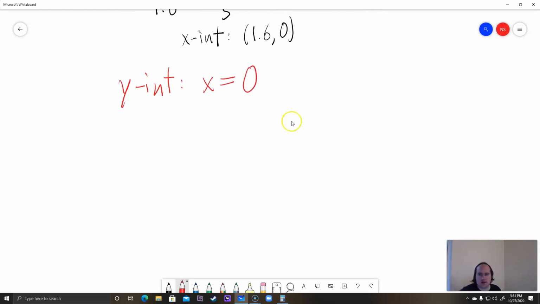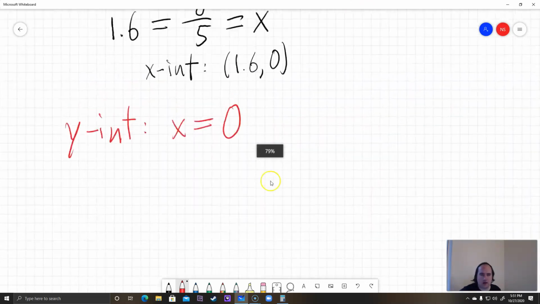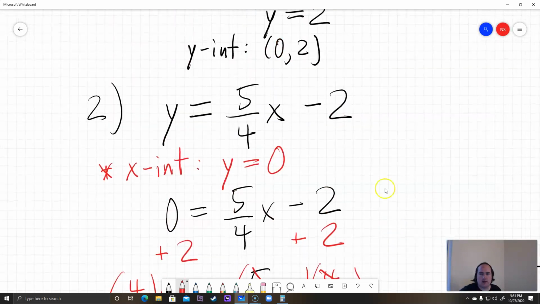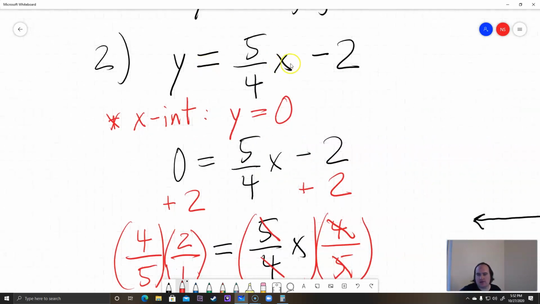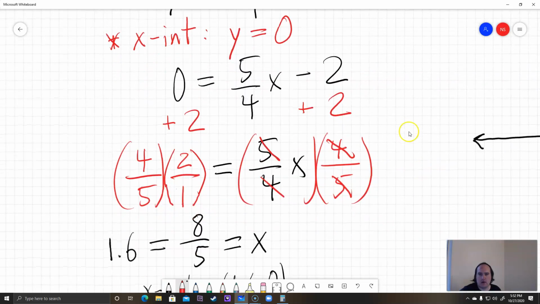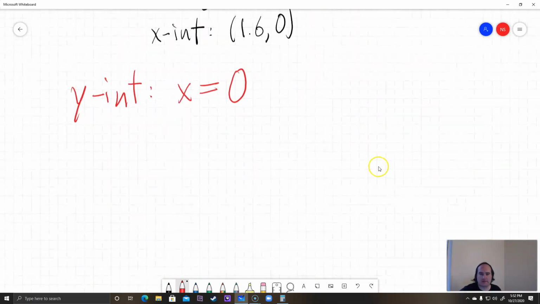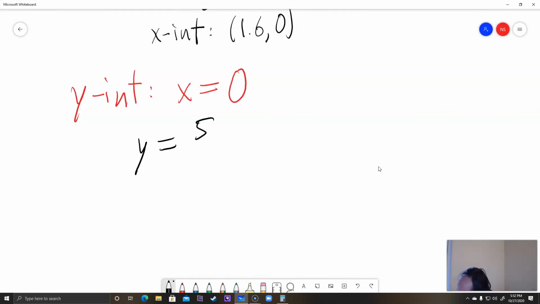Which is actually going to be a lot easier to find in this problem. Because plugging in 0 for x, this whole 5/4 is going to go away. So we have y equals 5/4 times 0 minus 2.